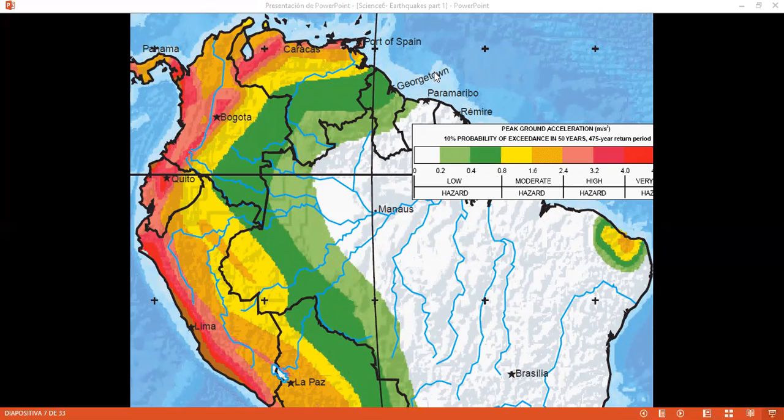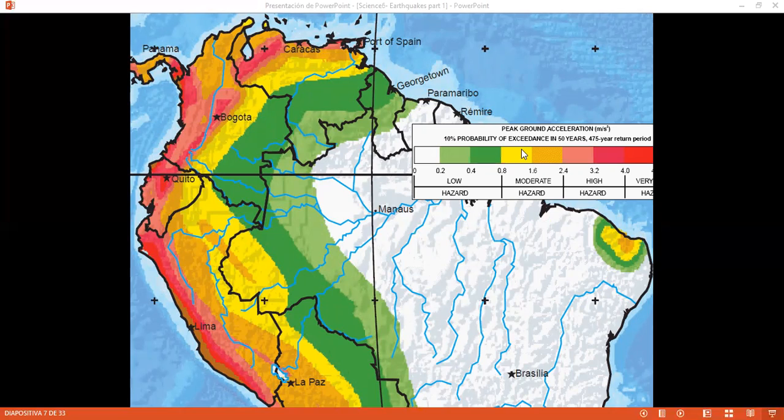And if you keep going down, you see Peru, and especially Quito and Lima, also in Ecuador, where there is a big probability. There's a brown zone, which is extremely high hazard, and there, when earthquakes occur, they are very, very devastating.